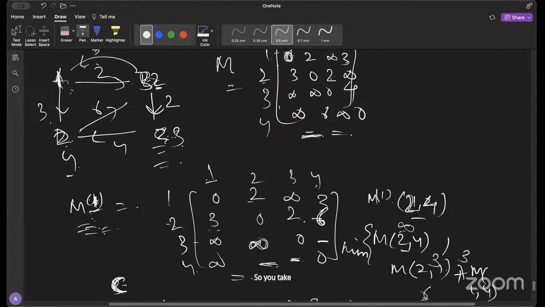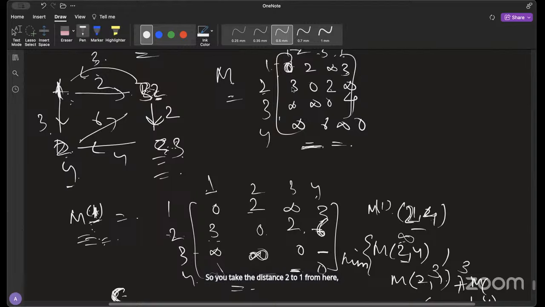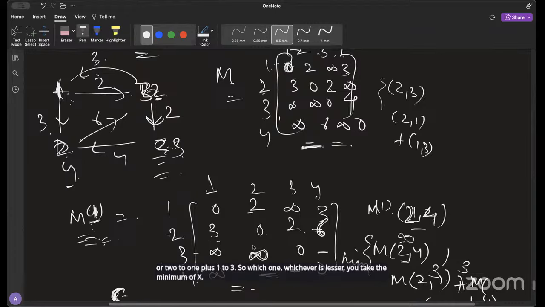So you take the distance 2 to 1 from here, add the distance 1 to 3 to it, and then you see the direct distance 2 to 3. Whichever is lesser, the distance 2 to 3 or 2 to 1 plus 1 to 3, you take the minimum of it here.